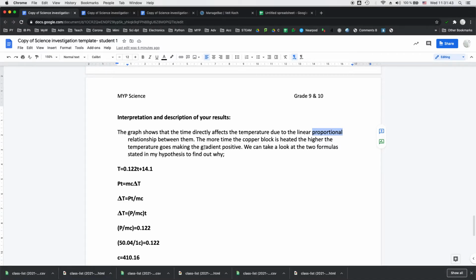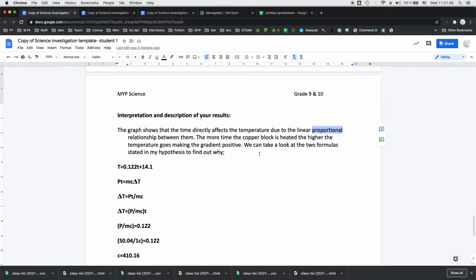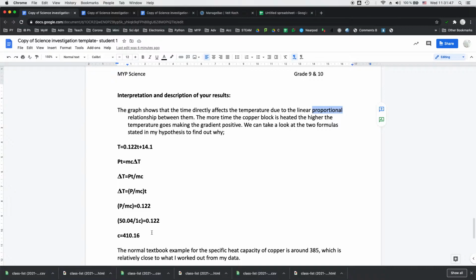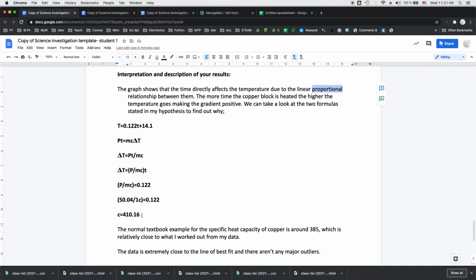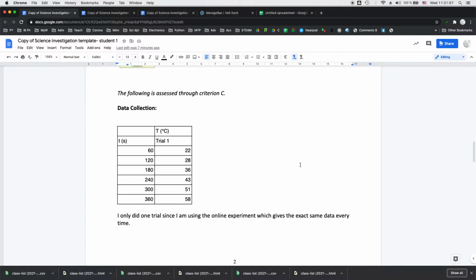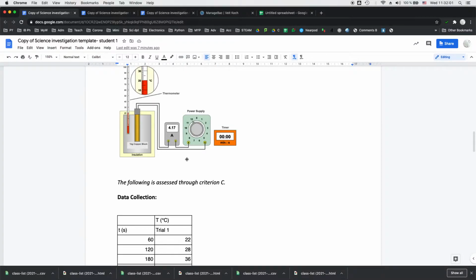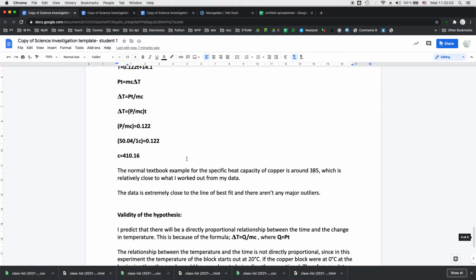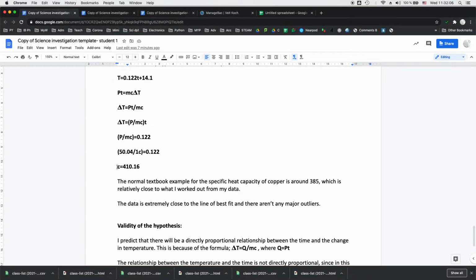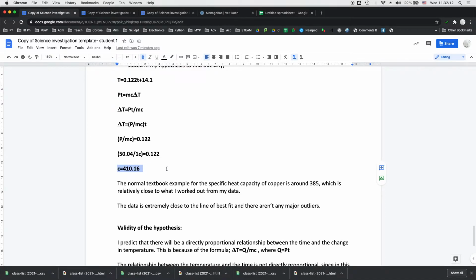So this is not quite accurate. What is quite nice is the student has then calculated what the specific heat capacity is. In this case, it was a copper block. If you have this sort of experiment, where you heat a copper block, in fact, this is possible at school as well. We have the equipment for that. Then you can work out what the actual specific heat capacity of copper is based on your results.